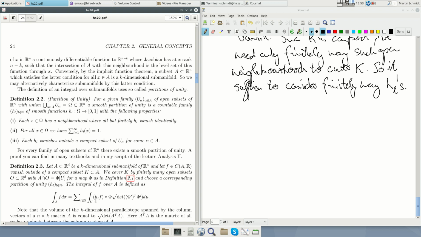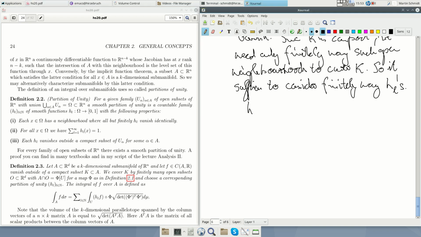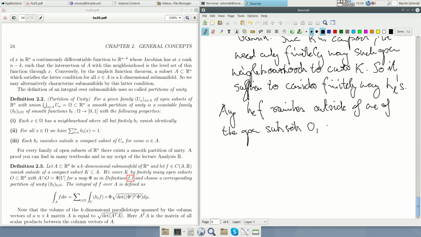We decompose this in these local functions H_L f, where H_L f vanishes outside of one of the open subsets O such that O intersecting with A is just the image. This is what we assumed.